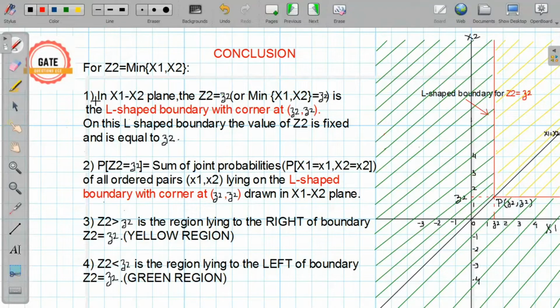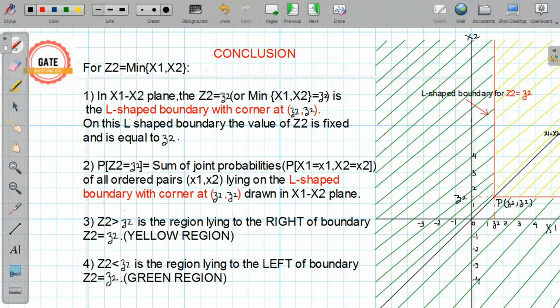Out of these 4 conclusions, the first 2 I have already explained in video 3 of this question. For those students who haven't watched video 3, I will explain these 2 parts once again. So let's see the first point. We will understand it with the help of an example.